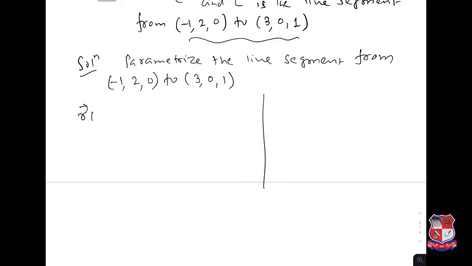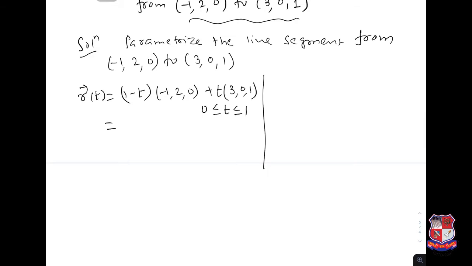It is nothing but (1 minus t) into the first point (-1, 2, 0) plus t into the second point (3, 0, 1), with t lying between 0 and 1.